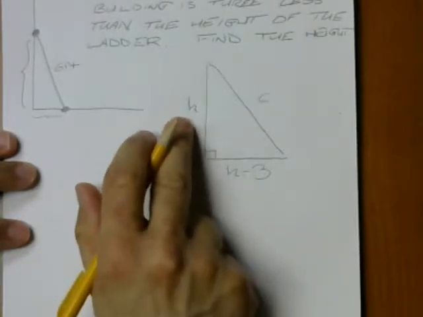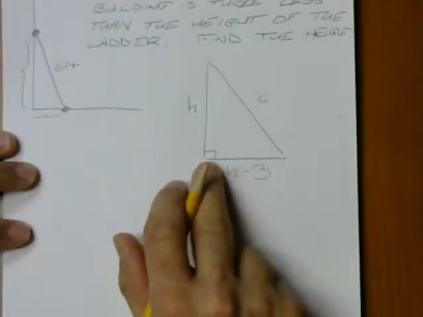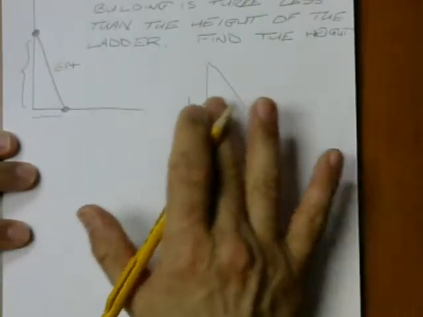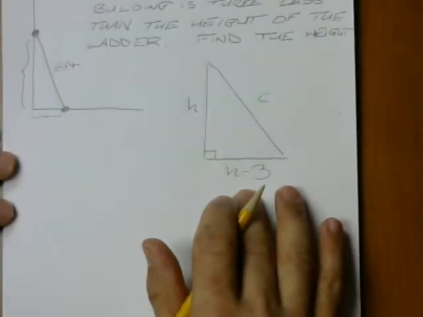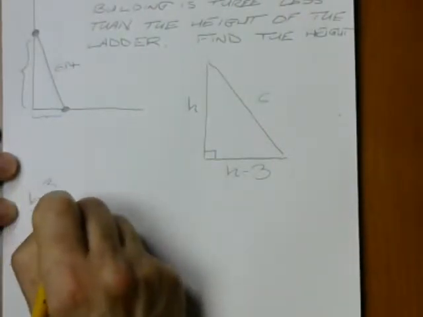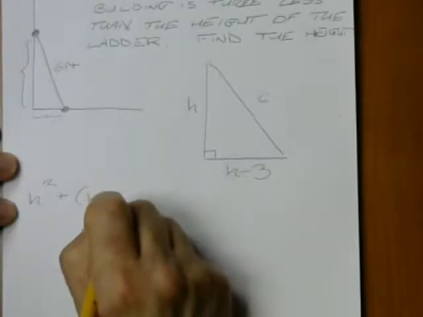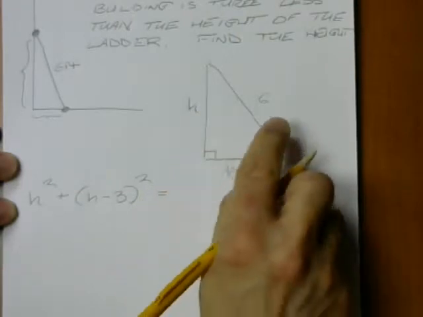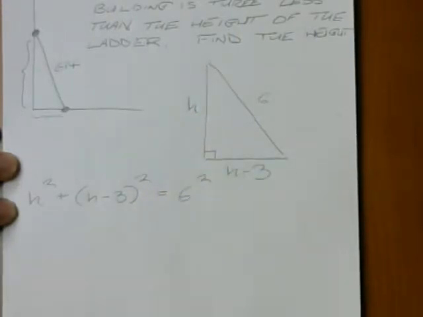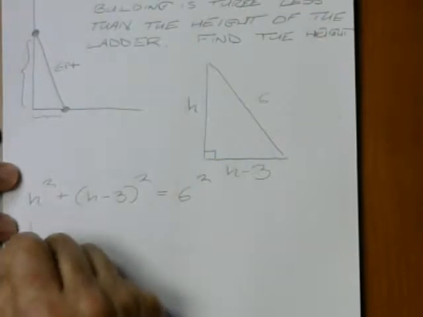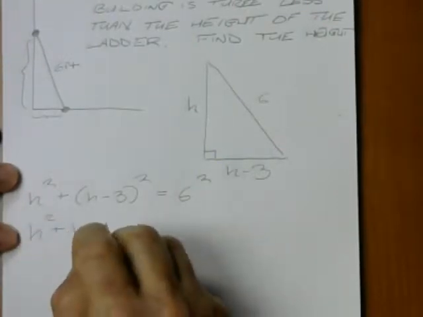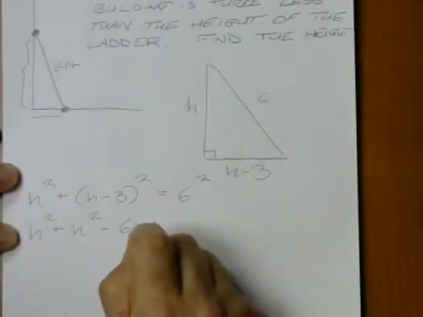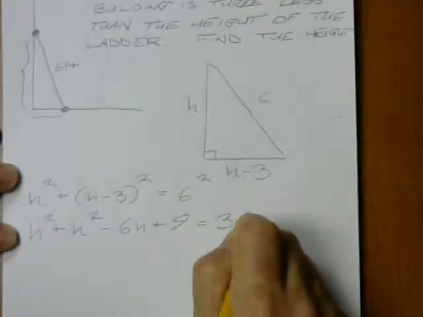That's what we're told. That this distance on the ground from the building is 3 less than the height of the ladder. So the Pythagorean theorem tells us that h squared, which is the height, plus this squared, h minus 3 squared, is equal to 6 squared. So I get h squared plus h squared, let's see, we'll get minus 3h minus another 3h plus 9 equals 36.